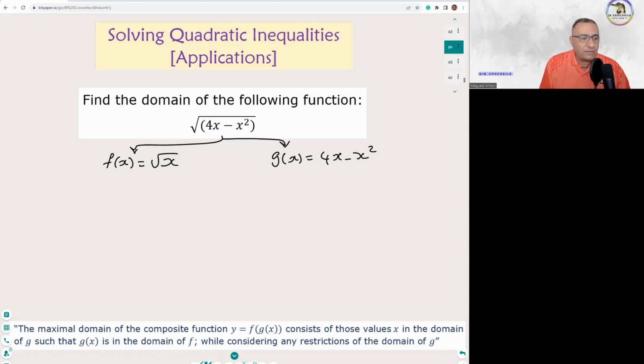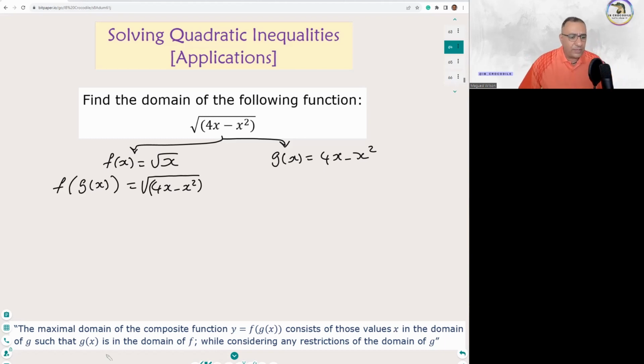If you write f of g of x, you present the expression of g into f of x, which means you replace each x by this expression. Then you reach this function, and that is called a composite function. So f of g of x, in this case, is the square root of 4x minus x squared.